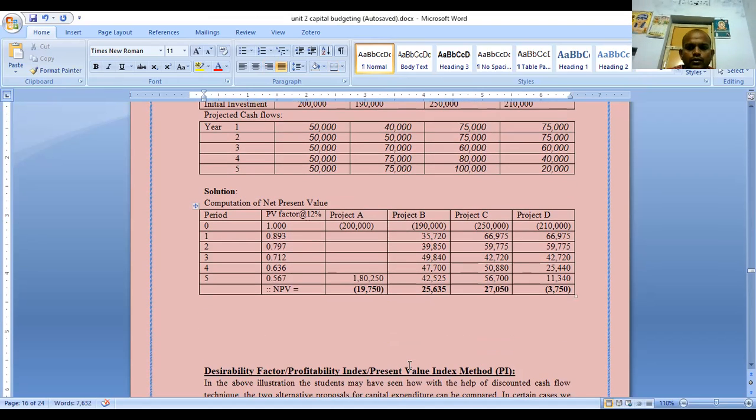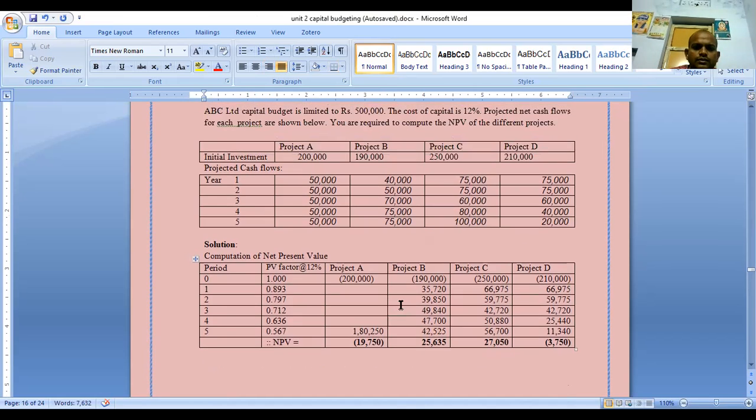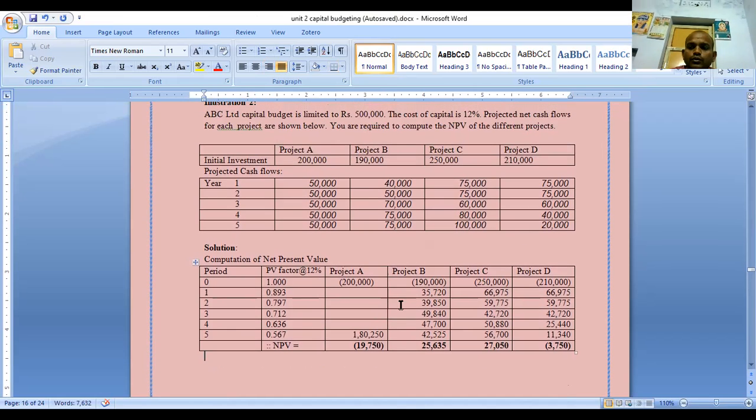So with this, you can suggest your recommendation for the project B and C. Both are having positive NPV. So the remaining projects A and D are negative NPV. So it is suggested that project B and C are to be selected.